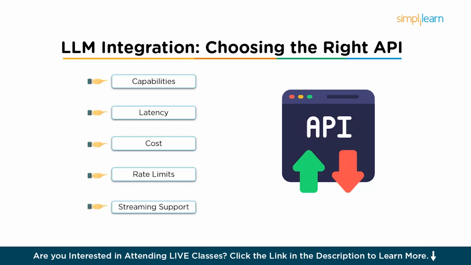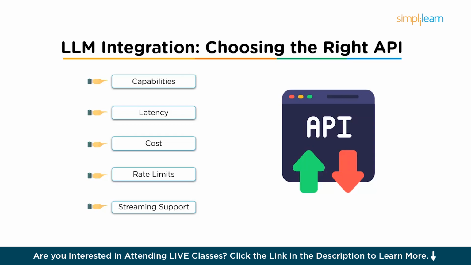Streaming support is one of the key features for modern chatbots. Instead of waiting for an entire response to be generated and sent back at once, streaming allows the chatbot to receive and display the LLM's output word by word or token by token as it's generated.